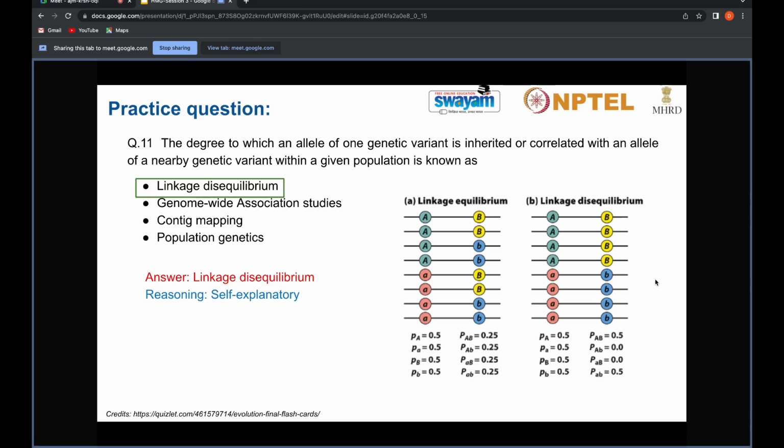That means their inheritance is linked to one another. This is known as linkage disequilibrium. That means one particular allele will decide whether the other allele will be inherited or not, so the expression of both alleles is correlated to one another. Hence option A is the correct option for this.